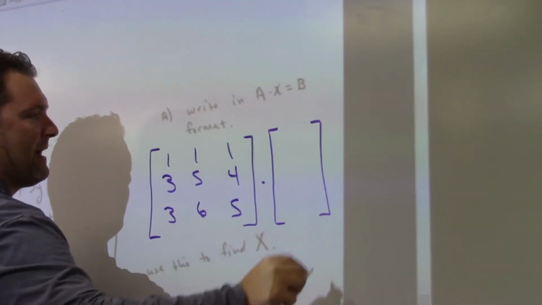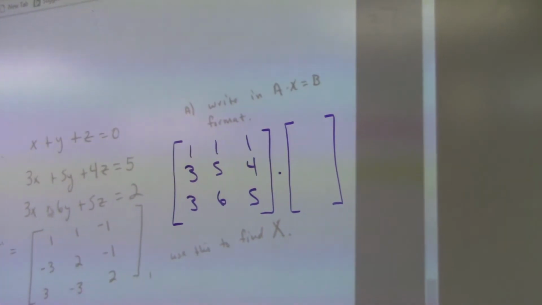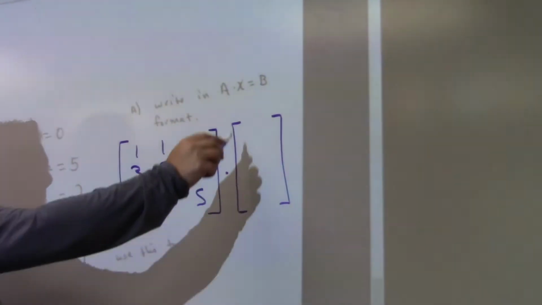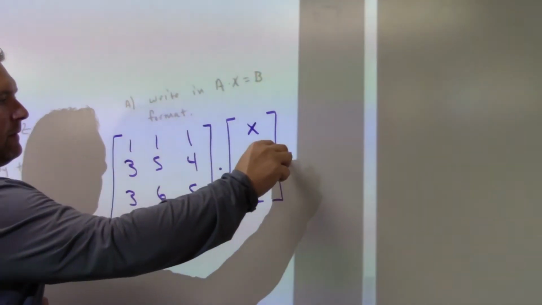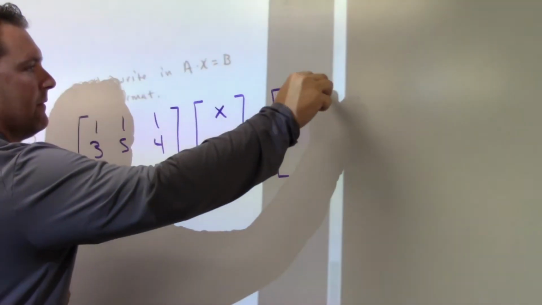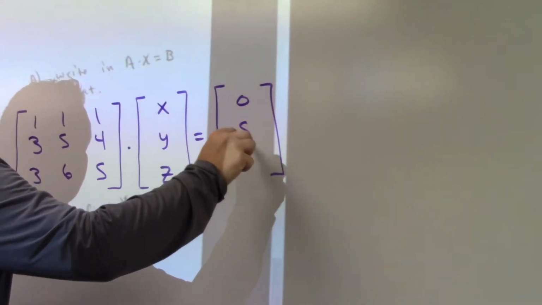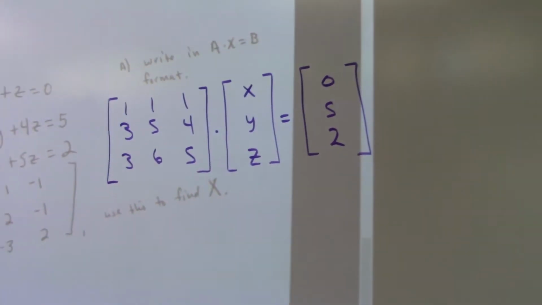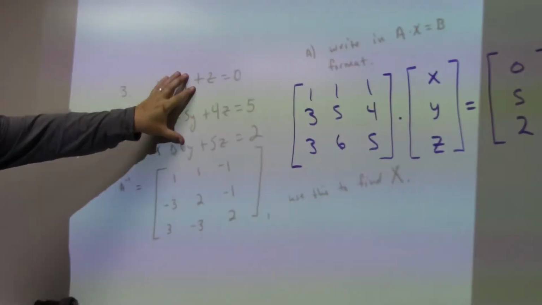And the X matrix? It's just your variables. You're just going to do them in one column. And your B matrix, 0, 0, just your solution.